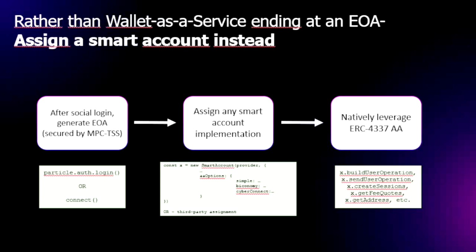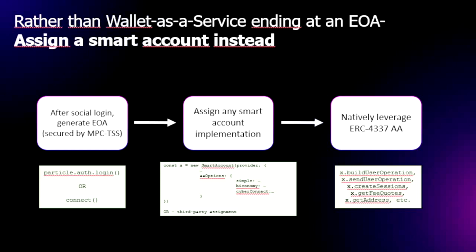But back to the point, the idea here is that instead of having users use an EOA directly after social login, we generate that EOA, which is of course secured by MPC TSS. Then we directly assign any smart account implementation to that. So simple account, Biconomy, CyberConnect, even what we're thinking about right now, like light account, stuff like that, Safe, some other cool account implementations.